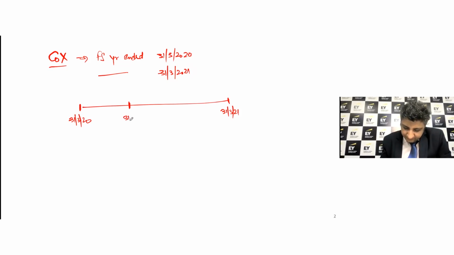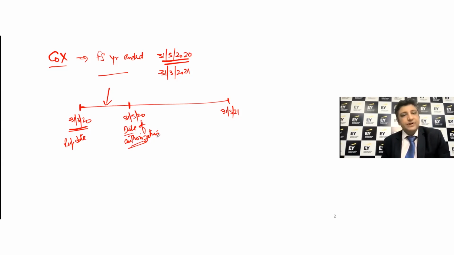This is, let's say, 31st of May 20, and let's call it the date of authorization of the financial statements. Okay, now we may argue that as and when you are preparing these financial statements, let's say for the year ended 31st of March 2020, there could be some events that can take place between this reporting date and, of course, the date of authorization, right?